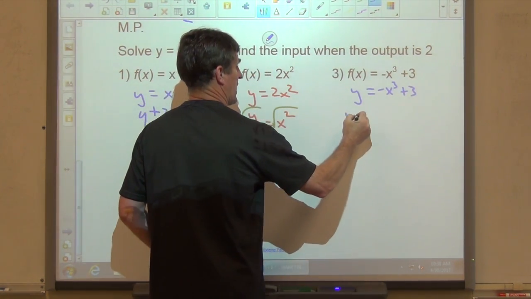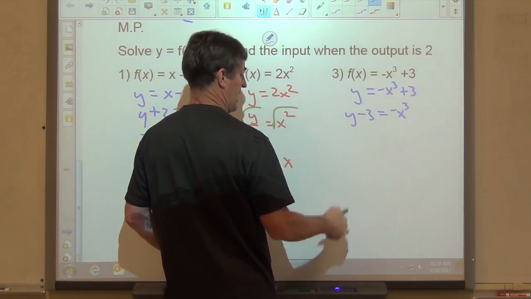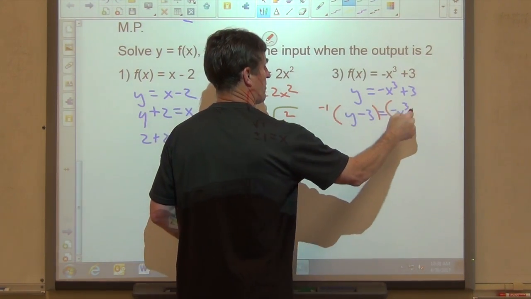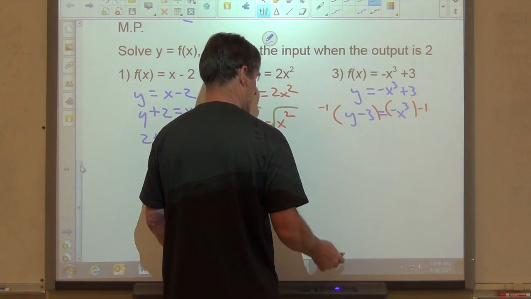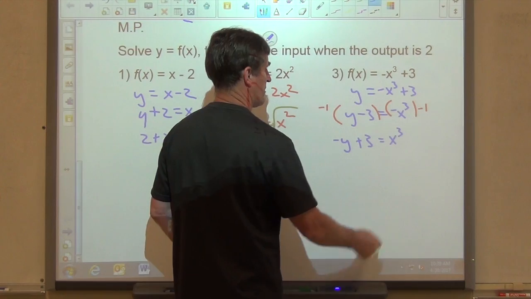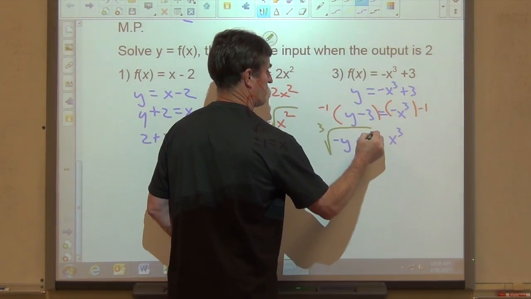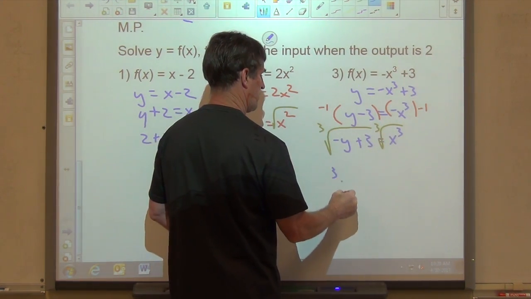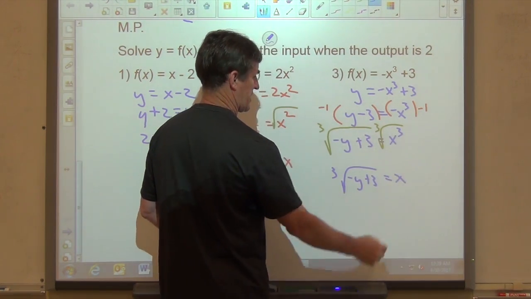So you should have subtracted 3. I'm going to get rid of the negative sign by multiplying everything by a negative 1. And so we get negative y plus 3 equals x cubed. And then we take the cube root of both sides. And so we get the cube root of negative y plus 3 equals x.